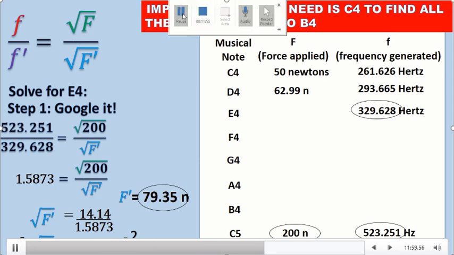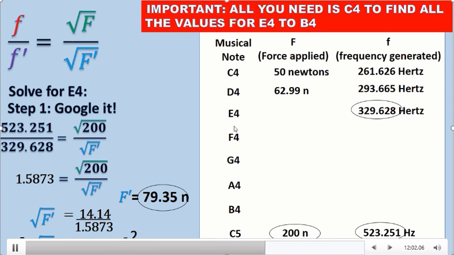As you can see here, the same procedure follows to find F4. This gives us 88.99 newtons.